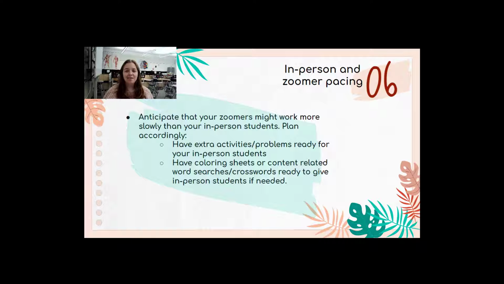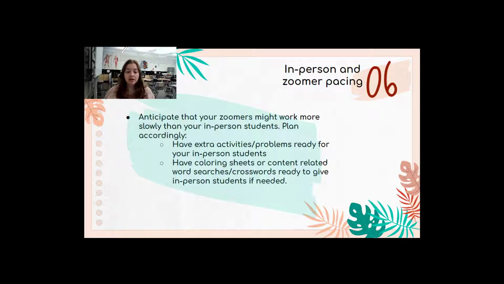And lastly, my last strategy is in-person and Zoomer pacing. So, based on feedback from people who have already been doing room-to-Zoom teaching, the consensus is that your in-person students will move at a faster pace than your Zoomer students. And so you should anticipate this. You should plan accordingly, meaning think about having extra activities or problems ready for your in-person students.